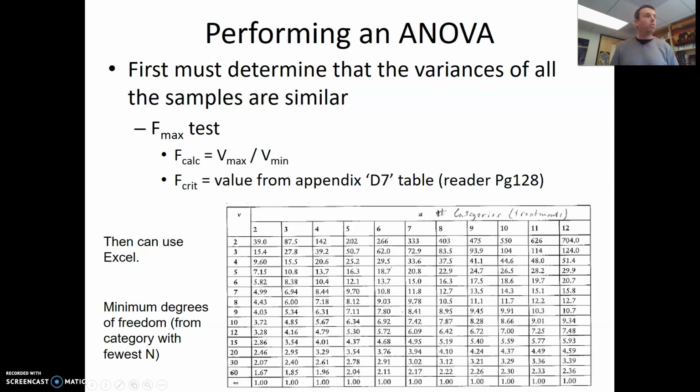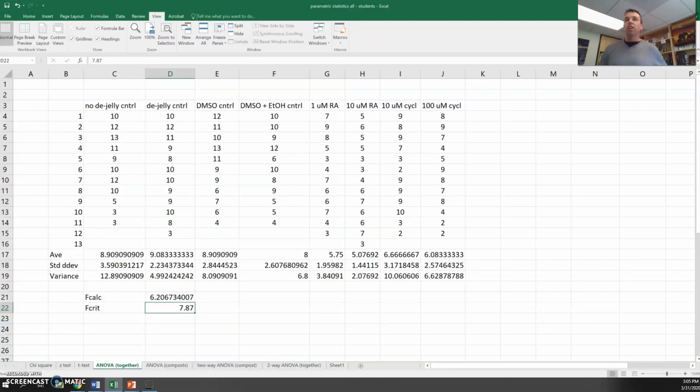So what I want to do is jump over here, and this is the ANOVA where we're working together. Now on the ANOVA tab here, I've already done the averages, standard deviations, even though that is a typo there, and the variances. So how did I get the F calculated?